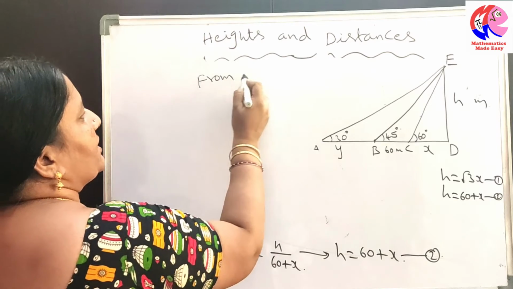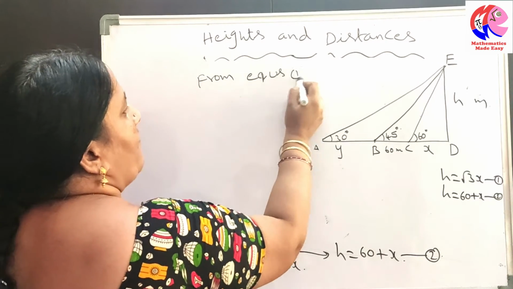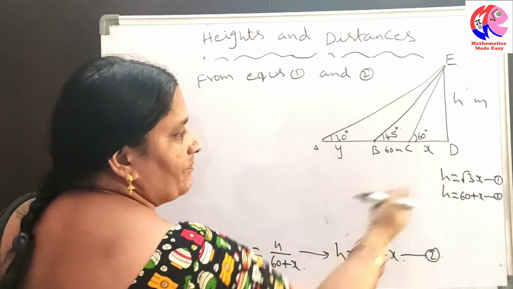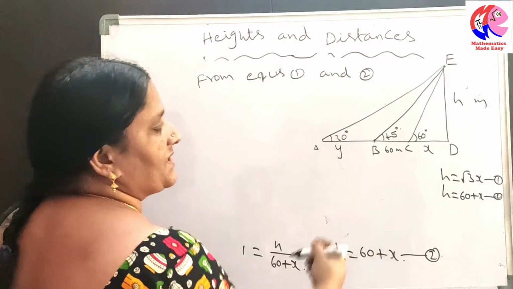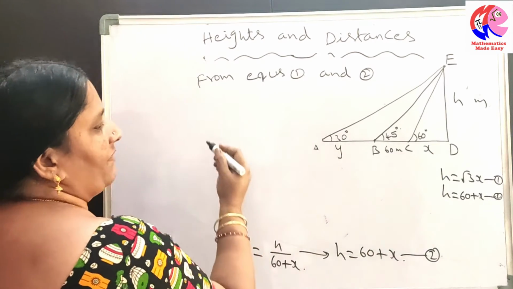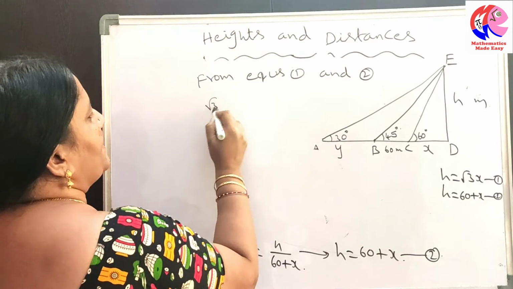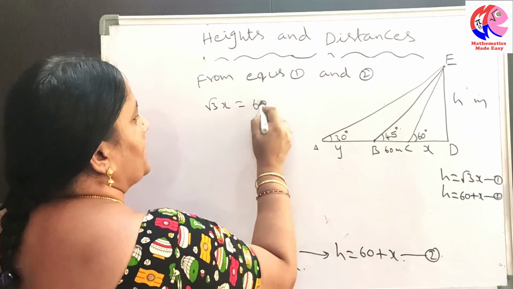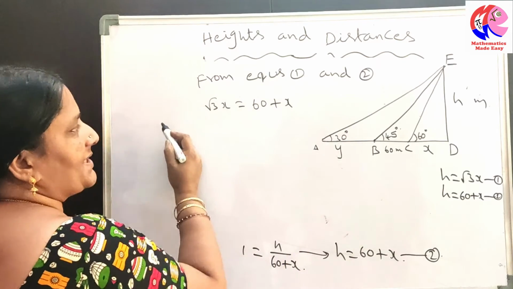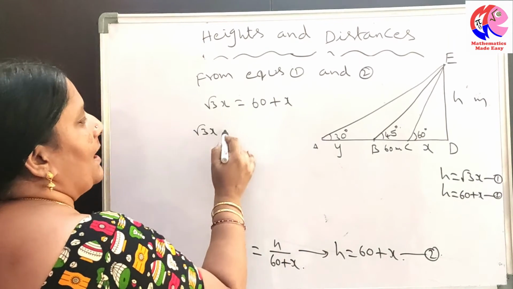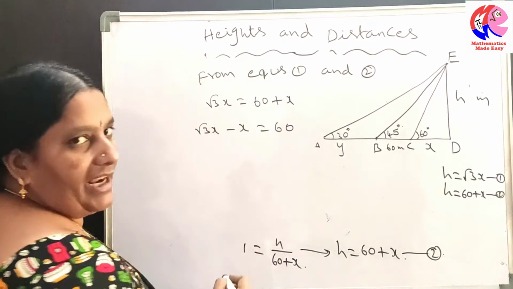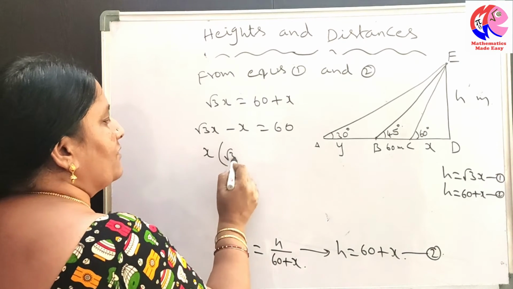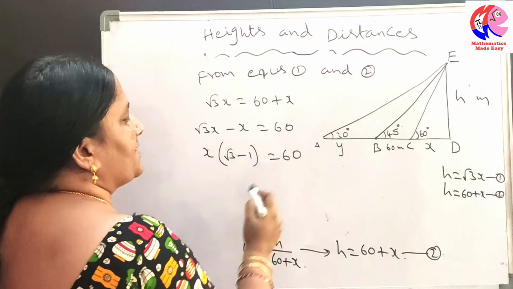From equations 1 and 2, H equal to root 3x and H equal to 60 plus x. So equate both values, we get root 3x is equal to 60 plus x. Then bring x this side, root 3x minus x equal to 60. We can take out x common from LHS. It becomes x into root 3 minus 1 equal to 60.